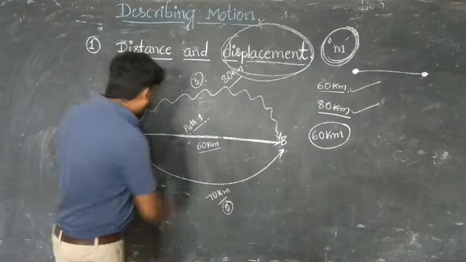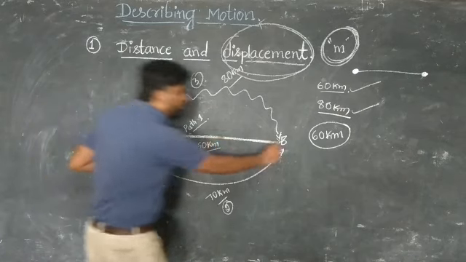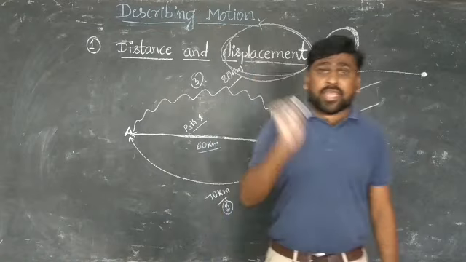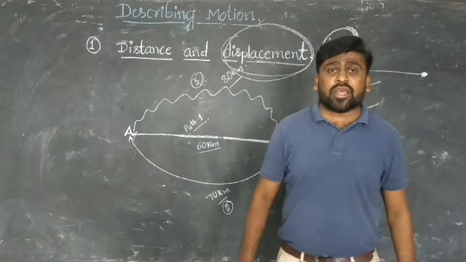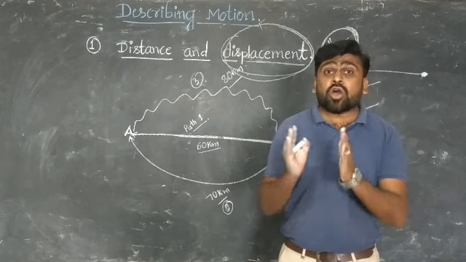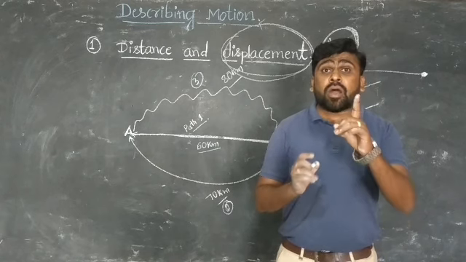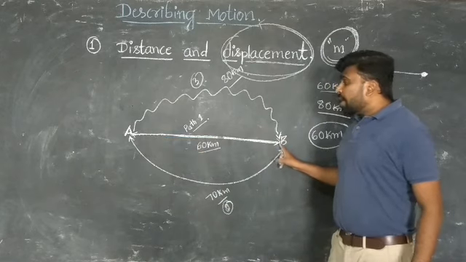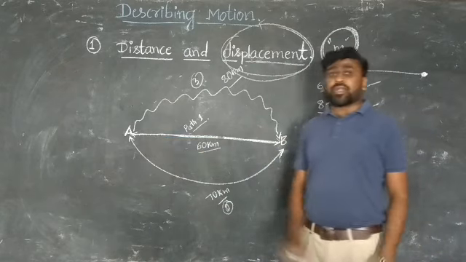Understood? See here, I have come from A to B. Regarding displacement, if I have come from A to B, it is understood that I travel the short distance, that is path 1. That means the distance traveled from A to B is 60 kilometer.